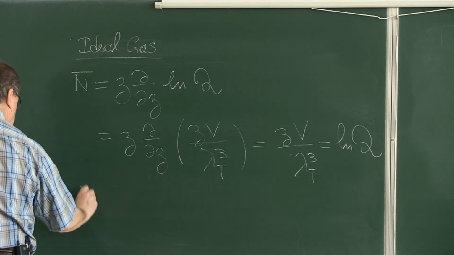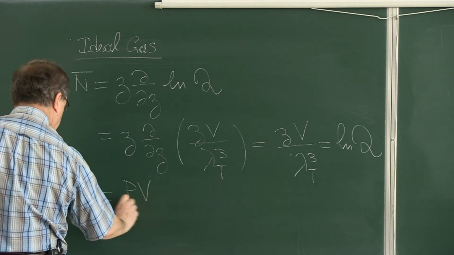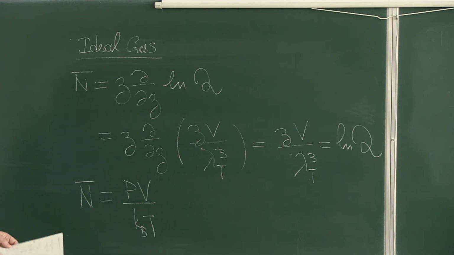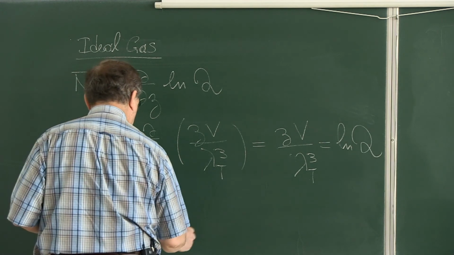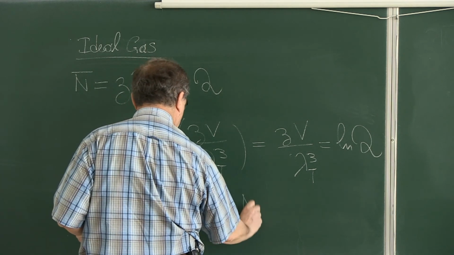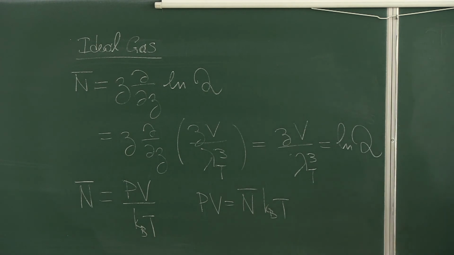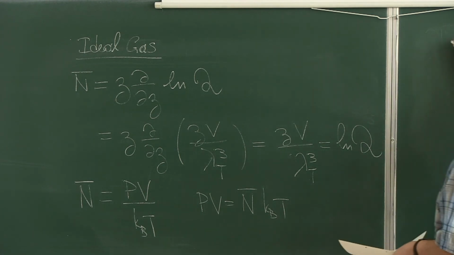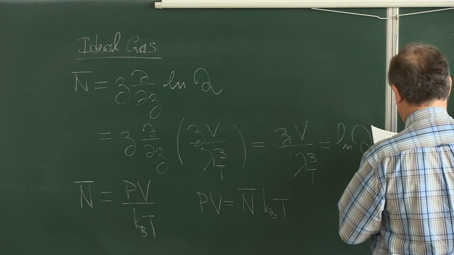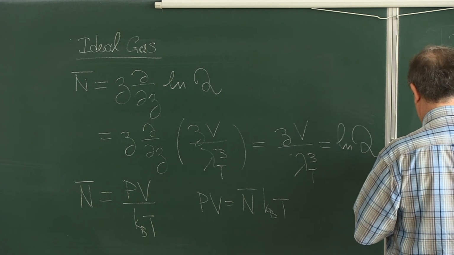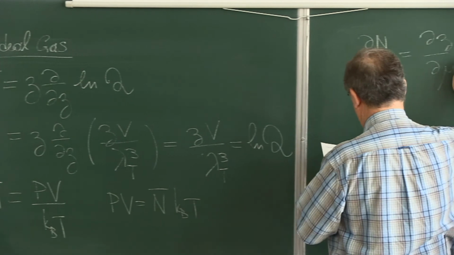We also know the average number of particles for a classical gas in terms of P V, kB T. We have proved that one too, that a classical gas obeys that equation of state, thermodynamic state, so that PV is N bar kB T. So let's calculate del N del mu, chain rule.